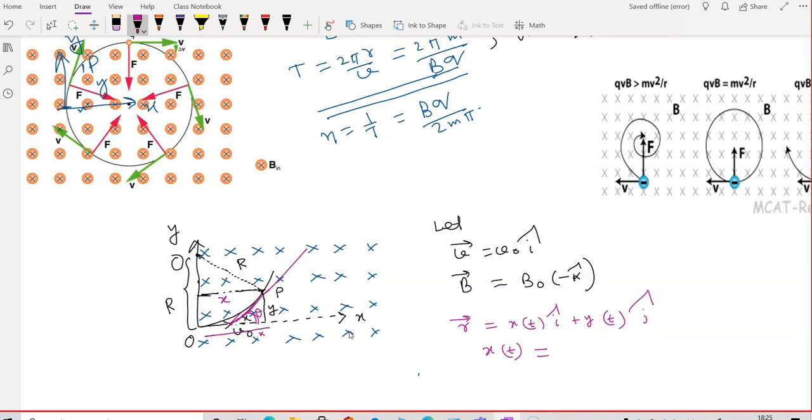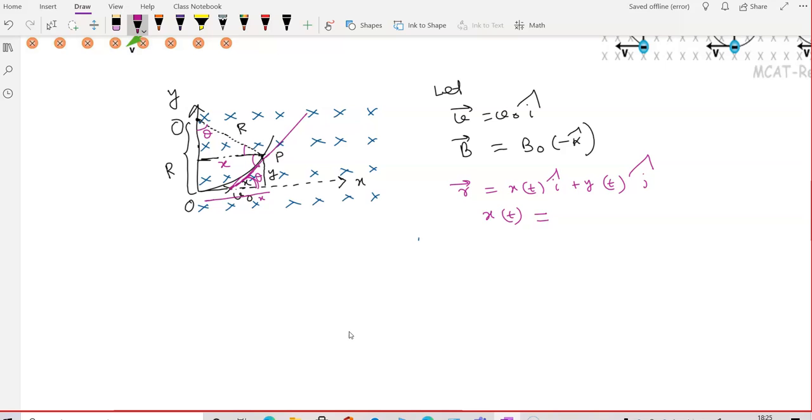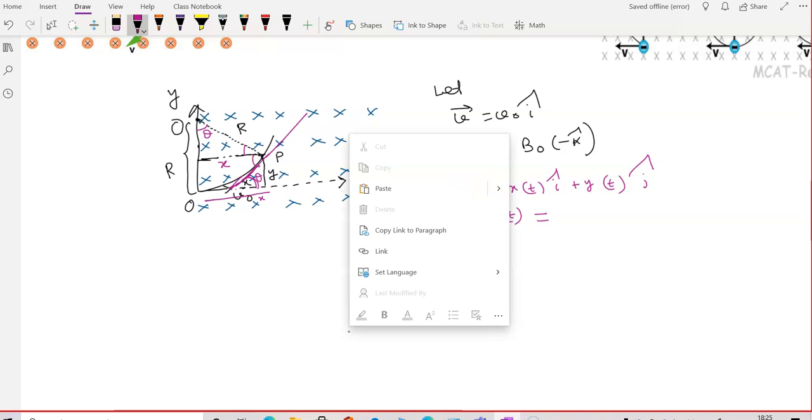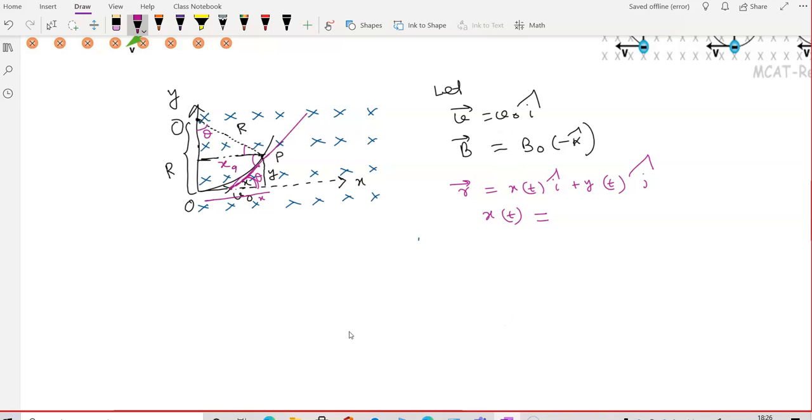Now if this angle is theta, by using plane geometry you can see that this is theta, this is 90 minus theta, this angle is also theta. If the deflection angle is taken as theta, then this angle is going to be 90 minus theta, this one. This angle will be theta.